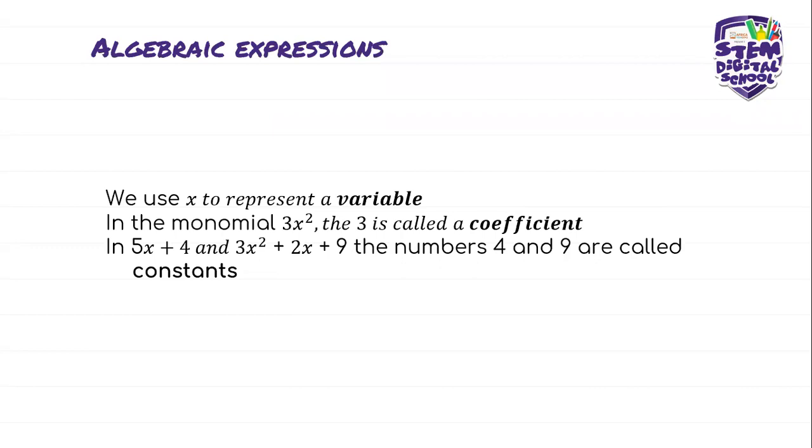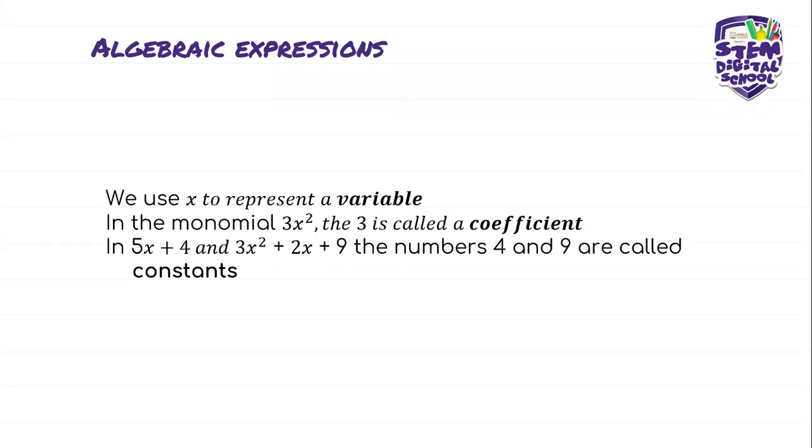Sometimes you can use y or z or a, b, c, any letter. It can be x or b or c or f or g. Any letter can represent a variable.